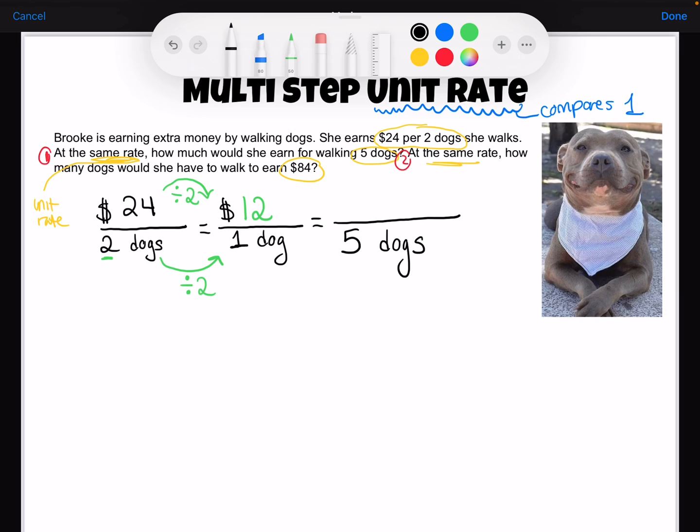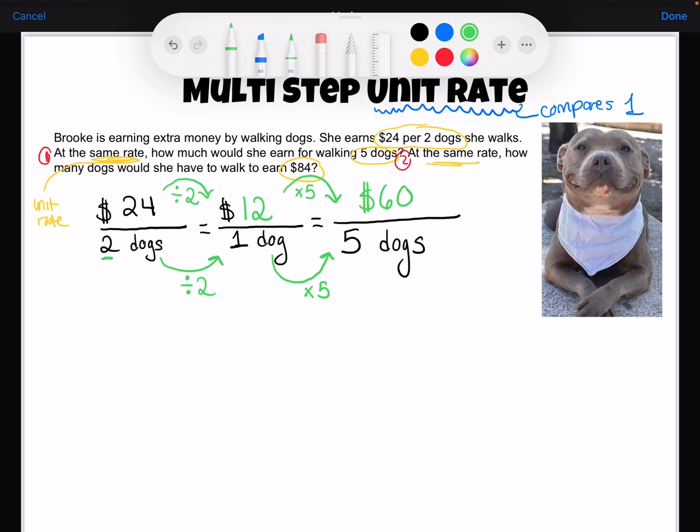Now, in order to get from walking 1 dog to walking 5 dogs, we're going to take this 1 and multiply it by 5. And if we multiply the bottom number by 5, we're also going to multiply the top number by 5. You can always use a calculator, and that's going to give you $60 per 5 dogs.